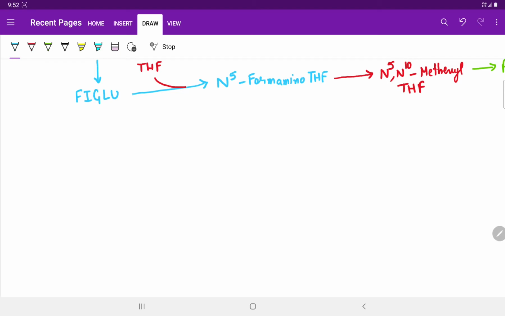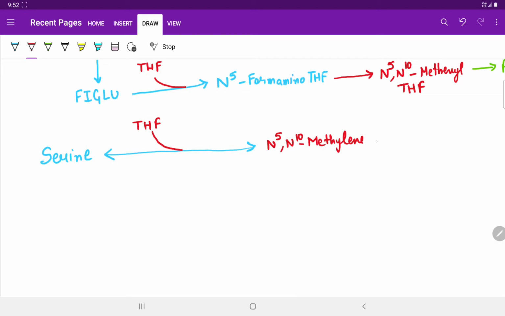Then comes the serine, another important amino acid, serine. Now this along with the THF leads to formation of an intermediate N5 N10 methylene THF. A methylene THF is formed.